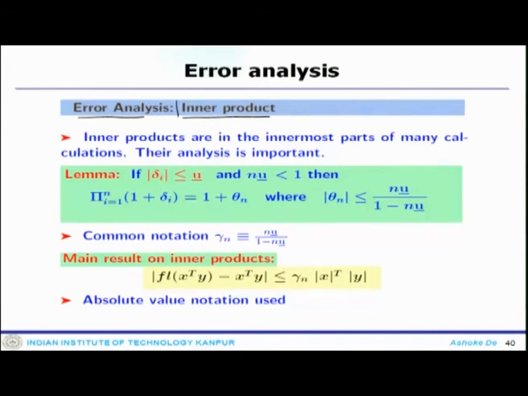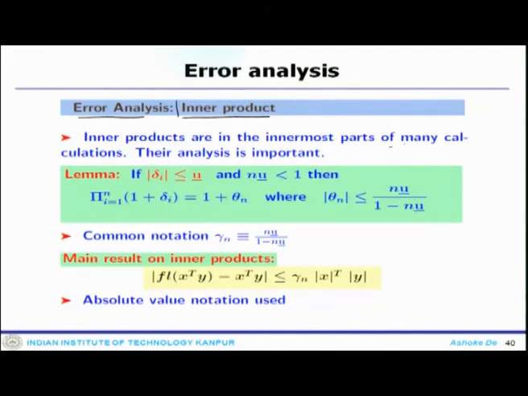So, inner products are in the innermost parts of many calculations, because if you are dealing with vectors or rather matrices, a matrix comprises some row and column vectors. Essentially, whether directly or indirectly, you deal with a lot of vector calculations. So, that is where the inner product becomes an important key component.